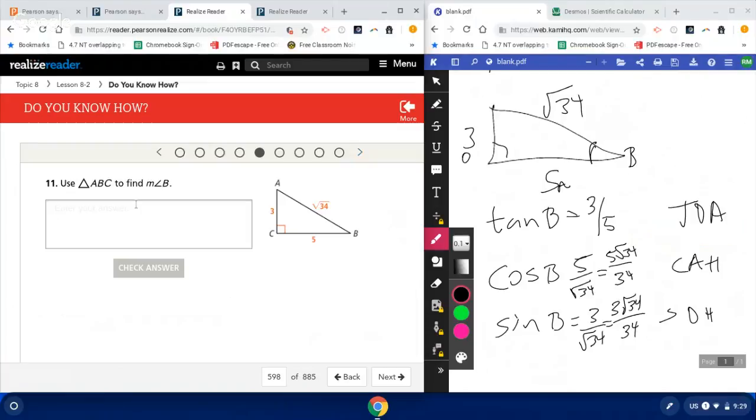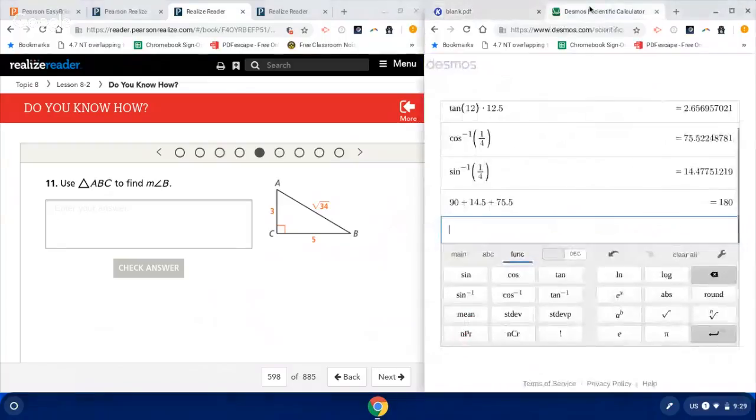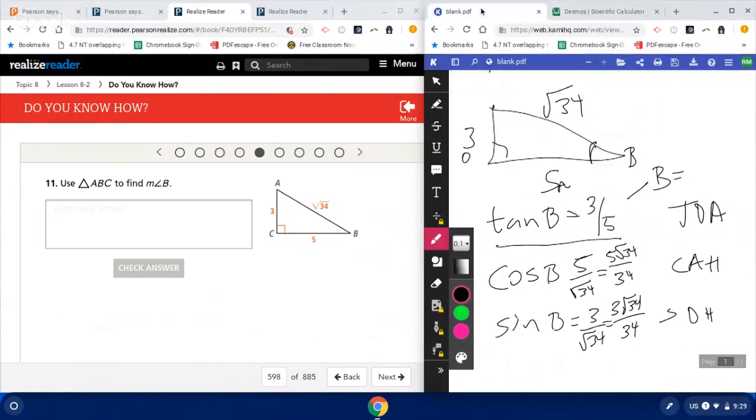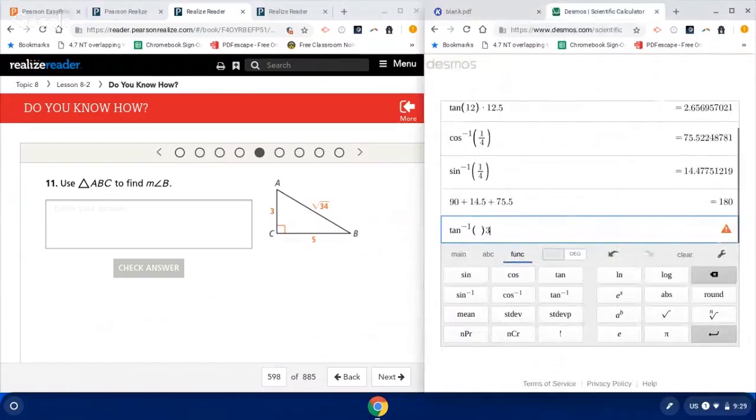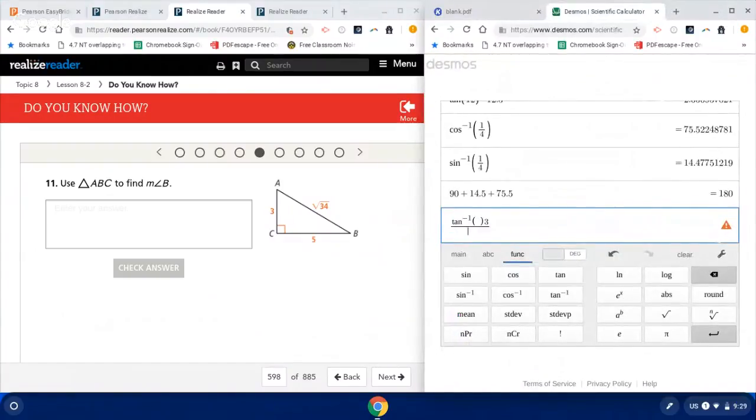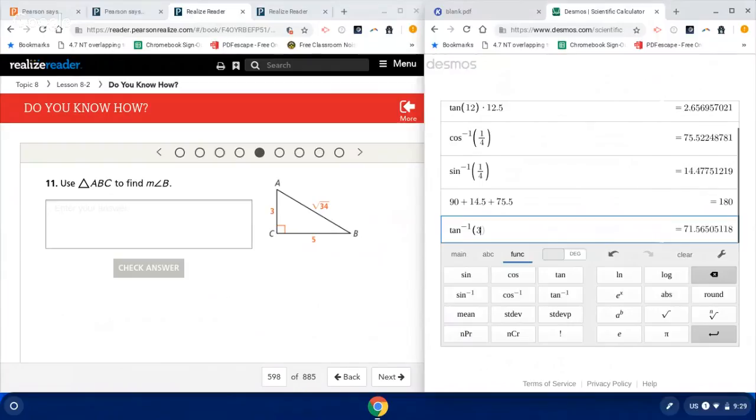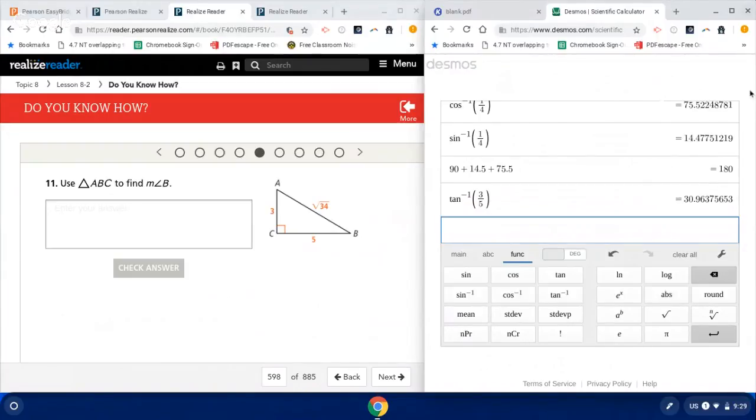So here they're asking us to find the measure of angle B. Okay. So we would just use this right here, and I could tell that the measure of angle B, that's a backwards problem. So I already have the answer in a sense. So I just go tan inverse of 3/5, 3 divided by 5. And it tells me that that angle is 31 if I round that to the nearest tenth.